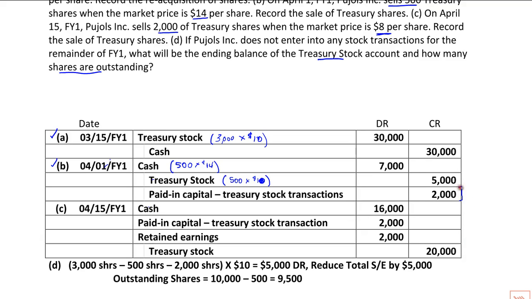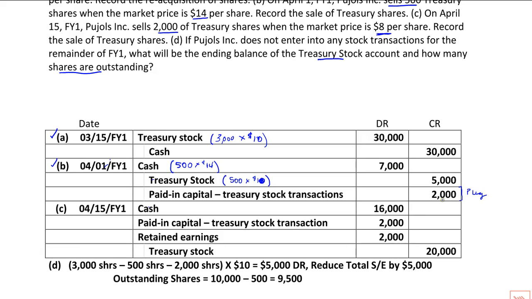So this is a plug number. It's a credit to stockholders' equity. So you might think of it like a gain. If you were a trader, you'd say, "Hey, I bought this stock for 5,000, sold it for 7,000. I have a $2,000 gain."